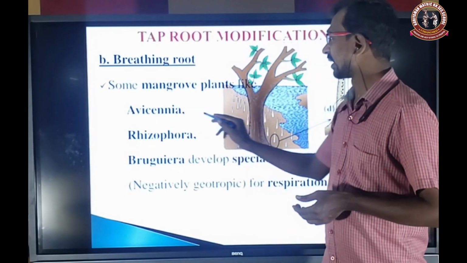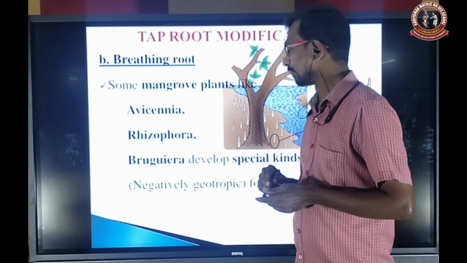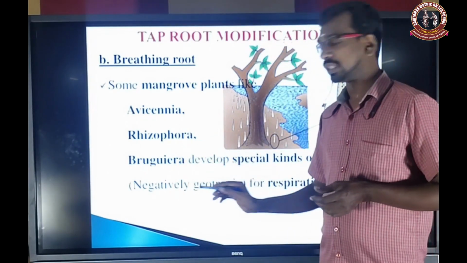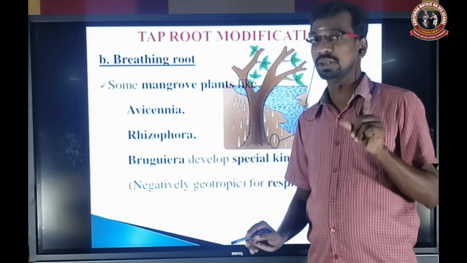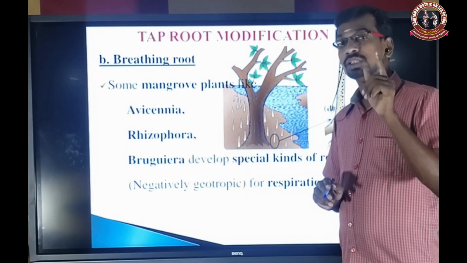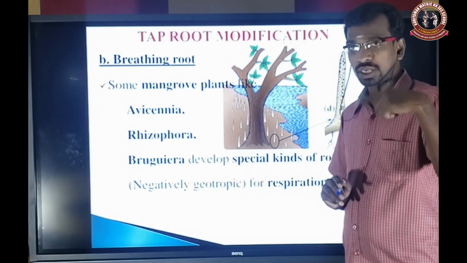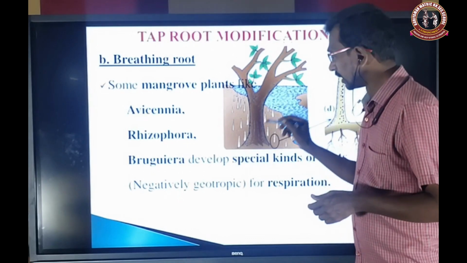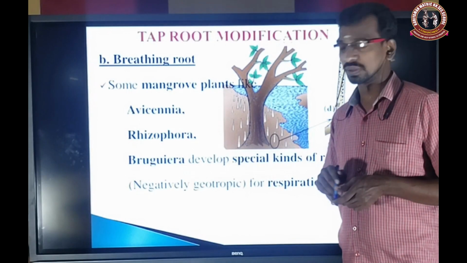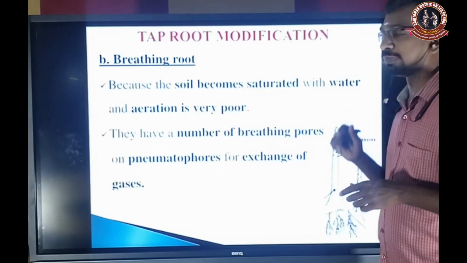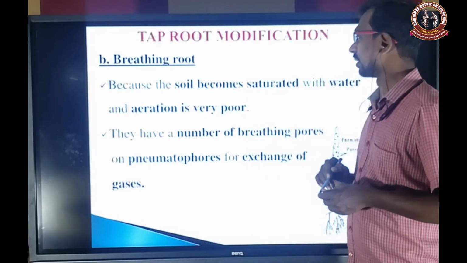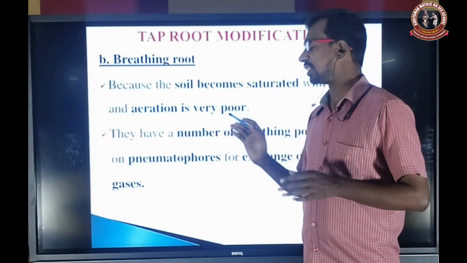Some mangrove plants like Avicennia, Rhizophora and Bruguiera develop a special kind of root that is negatively geotropic. That is very important. All roots are positively geotropic and negatively phototropic, but the breathing root is negatively geotropic. This is important for respiration, that is gaseous exchange, because the soil becomes saturated with water and aeration is very poor.